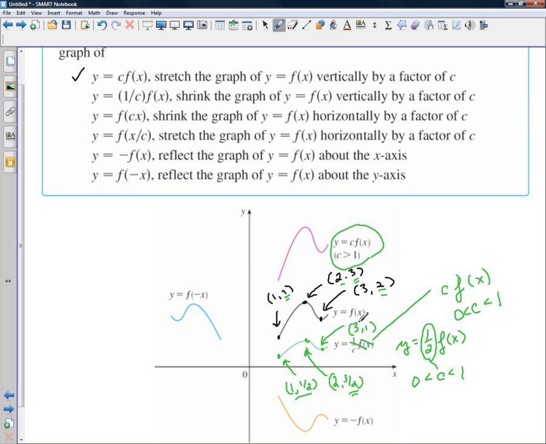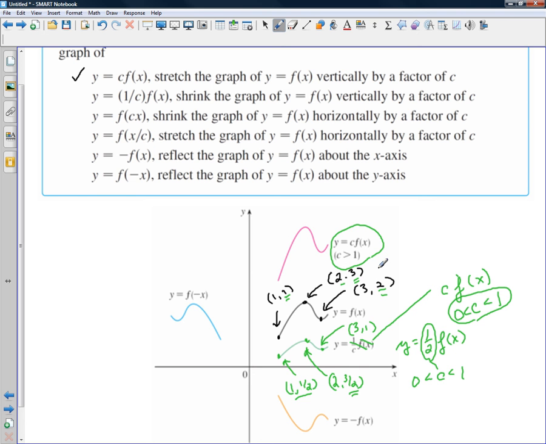So this would be considered a shrink when the c's are between 0 and 1, some fraction. And when the c's are greater than 1, we say it would be a stretch. So the red and the green represent the stretch and the shrink vertically.